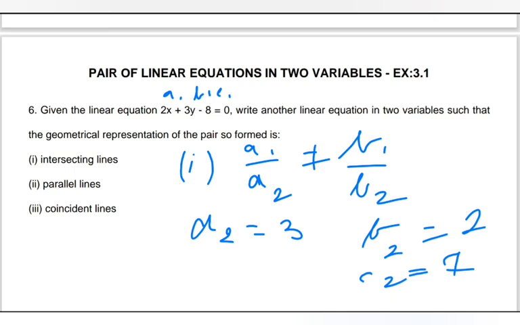So the second equation will be 3x plus 2y plus 7 equals 0. So this is the second equation.